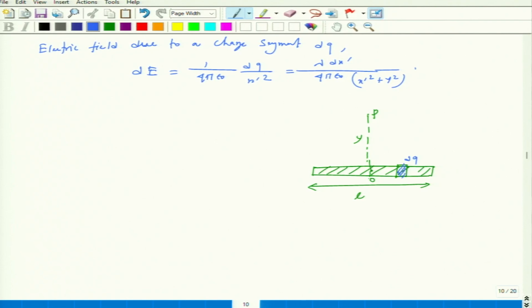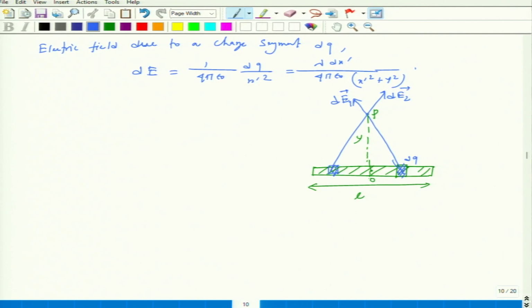From this charge distribution, the electric field at point P is dE1 vector. Similarly, if we consider a charge distribution on the opposite side, the electric field vector at point P is dE2 vector.